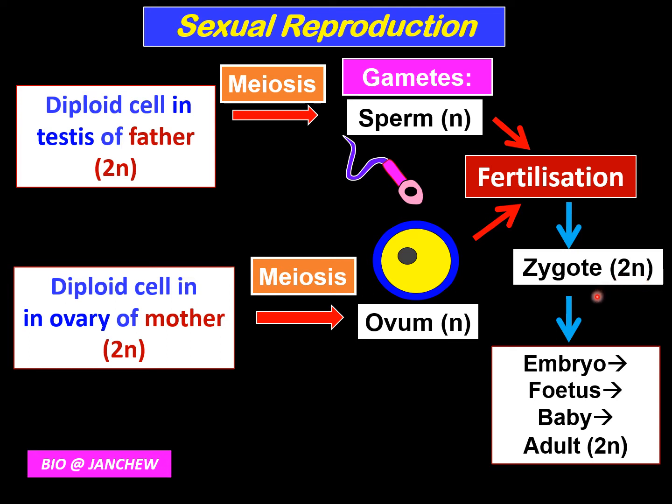So the zygote will then undergo mitosis and development to form a ball of cells called the embryo, and then the embryo will continue to carry out mitosis and development to form the fetus in the uterus of the mother, and then finally it becomes a baby that is born, and then the baby will carry out mitosis and development as it grows, and finally it will become an adult, which is also a diploid organism like the parents, with 2 sets of chromosomes in each of his or her cells.